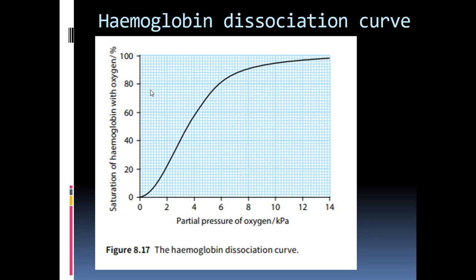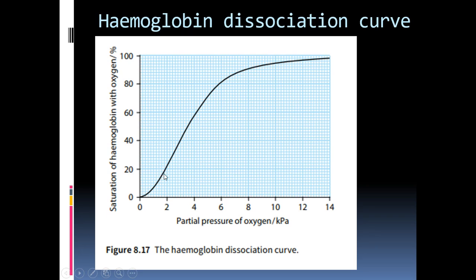So the shape of the hemoglobin dissociation curve reflects the way the oxygen molecules combine with hemoglobin molecules. If you look at the graph, up to an oxygen partial pressure of around 2 kilopascals, on average only one oxygen molecule is combined with each hemoglobin molecule.